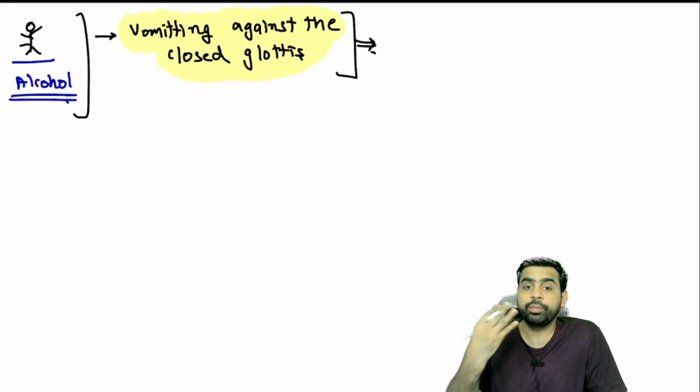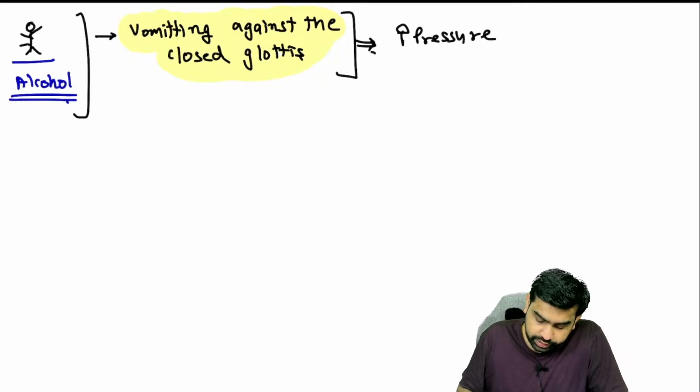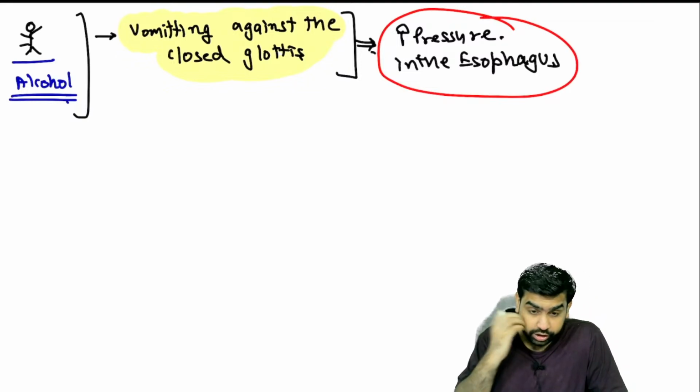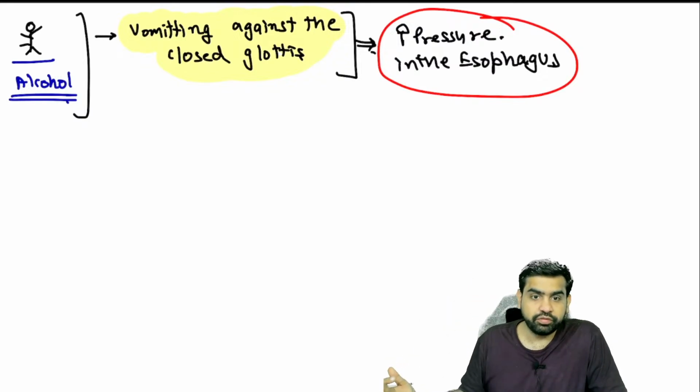If there is vomiting occurring against the closed glottis, what is going to happen? There's going to be an increase in the pressure inside the esophagus, and this increase in esophageal pressure has to give way in one way or the other.